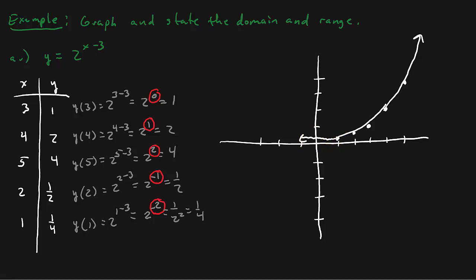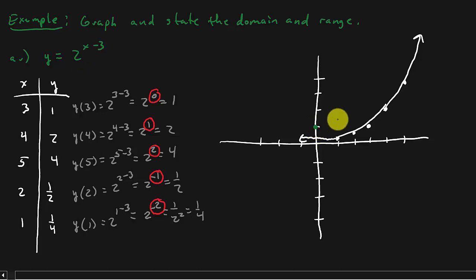Now, if we graph just 2 to the x, that would be this point, and then this, and then this. That would be 2 to the x.